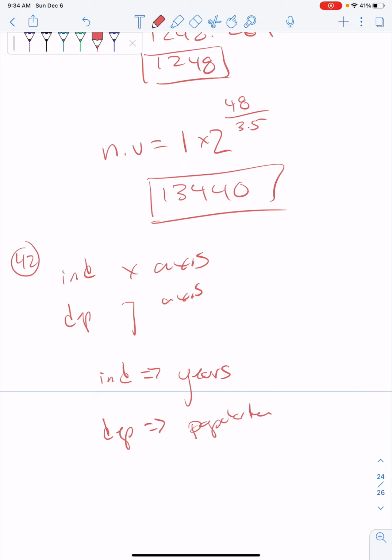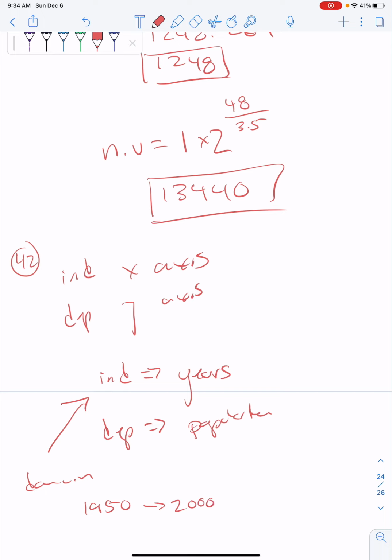Now the domain of the function is my x values. My domain goes with my independent variable. For me, my lowest x value is 1950, and I go up to the year 2000.